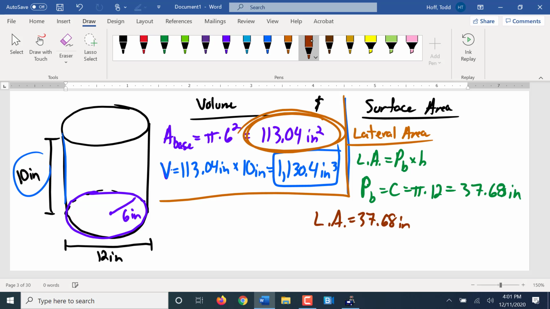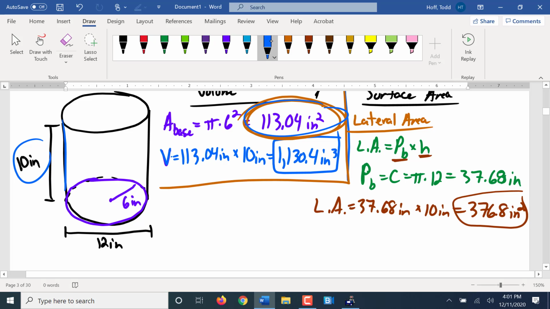Careful. 37.68, it's times the height. So times the 10, you got it? So yes, 376.8 square inches. What do we have to do with that now?